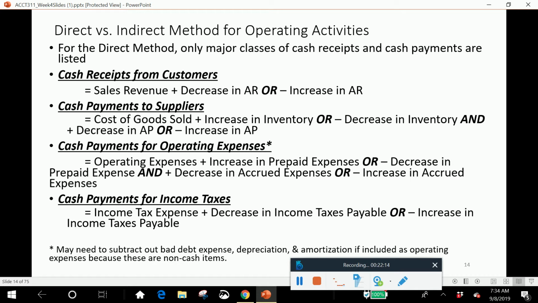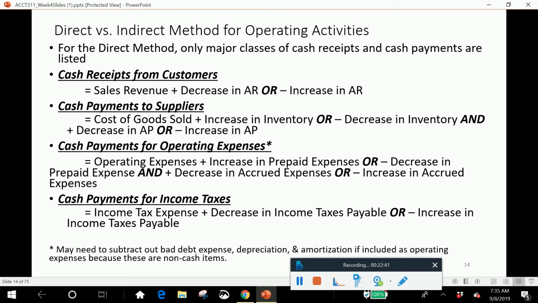For cash payments to suppliers, we're going to start with cost of goods sold. We're going to add an increase in inventory if the balance sheet showed an increase in inventory, or subtract a decrease in inventory. And we're going to add a decrease in accounts payable or subtract an increase in accounts payable. Now, for our class, we're simplifying this.